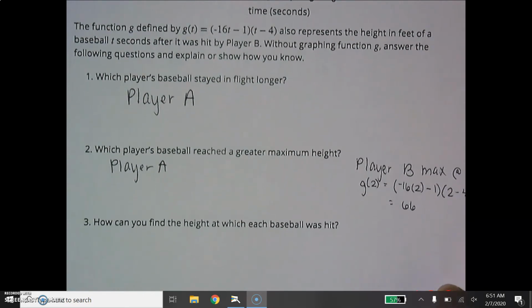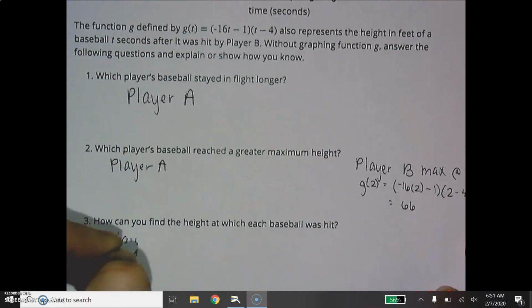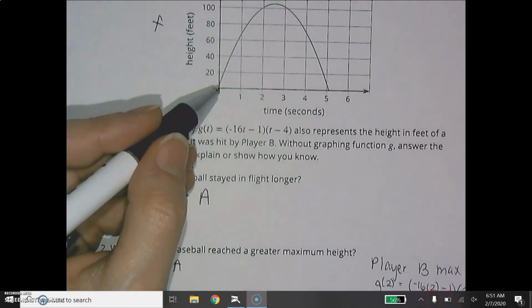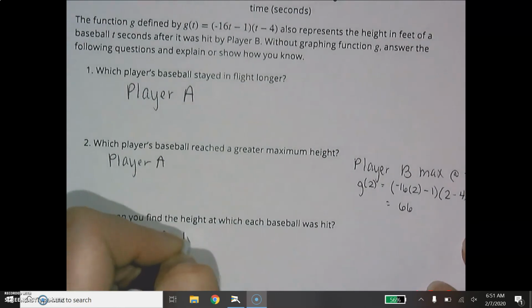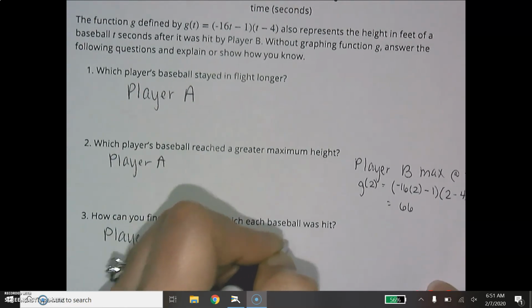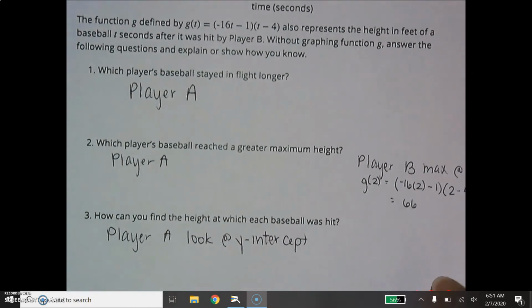And it says, how can you find the height at which each baseball was hit? So for player A, up here in the graph, we can just look at the y-intercept. Okay, we can look at the y-intercept. You could also call that the vertical intercept if you want.